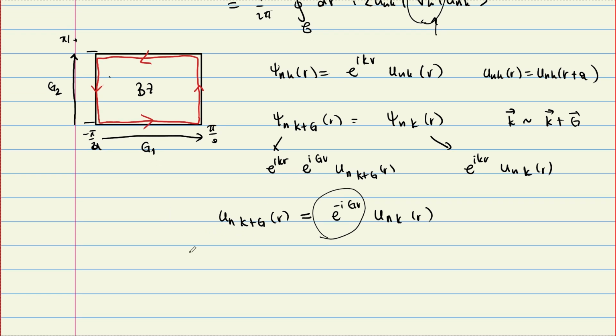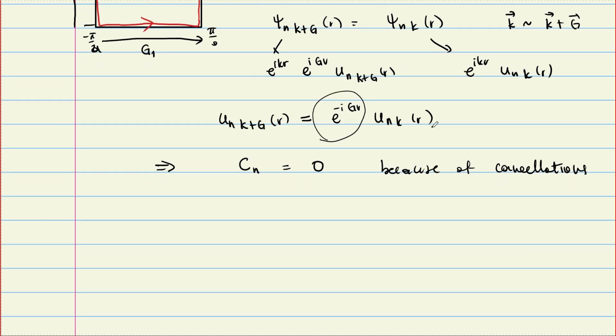So then this Chern number is going to be 0 because of cancellations. And this is obviously wrong, because we expect sigma_xy to be quantized in certain cases.